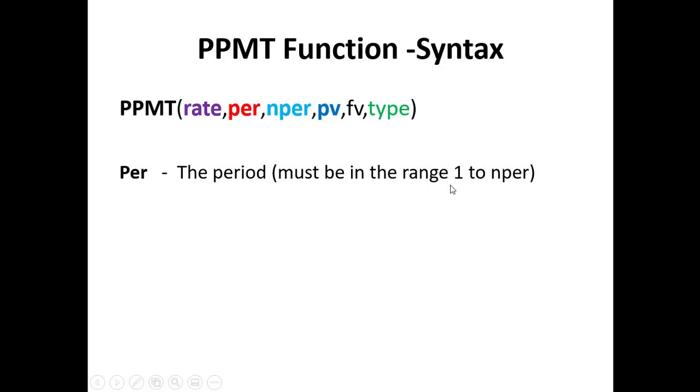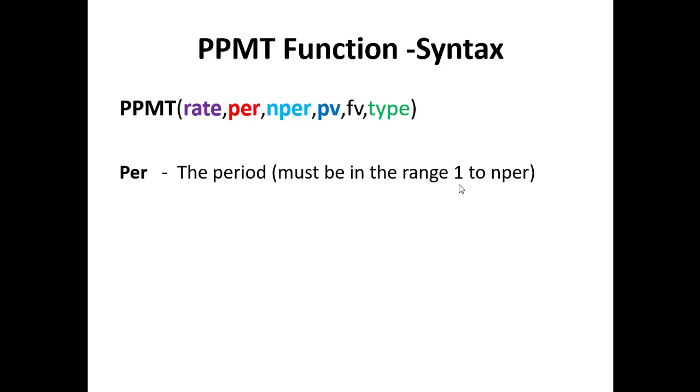It must be in the range 1 to NPER, 1 to the final period. So let's say the loan period is 5, it goes from 1 to 5. That's why it says 1 to NPER. So if it is 60, you want to settle them in 60 months, it goes from 1 to 60, right? That's how it works.